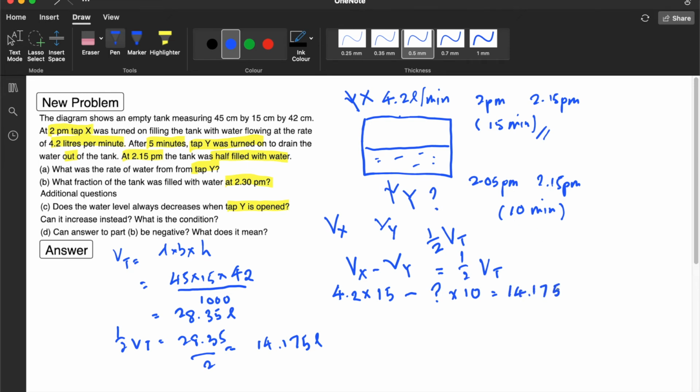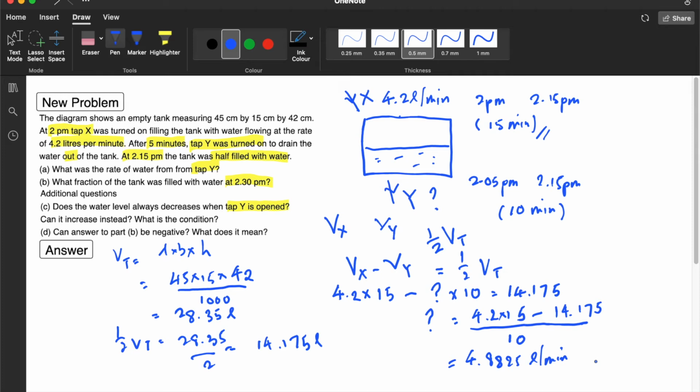Right, so let's plug that one in: 14.175. So how do we find this rate for tap Y? A little bit of manipulation, right? So we need to take 4.2 times 15 minus 14.175 and take the whole thing divided by 10 minutes. Right, so if you were to press your calculator, you're going to get, I believe, this number: 4.8825 liters per minute.